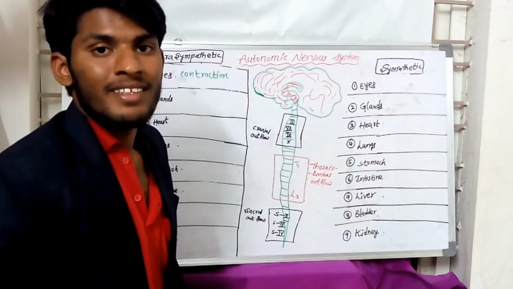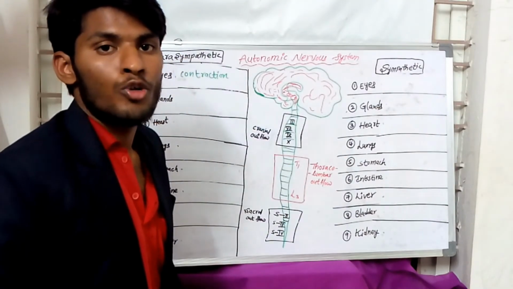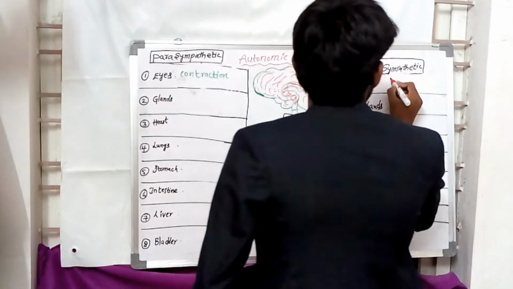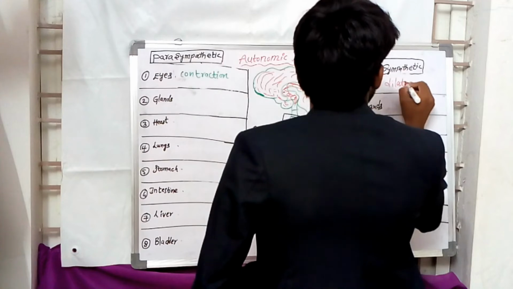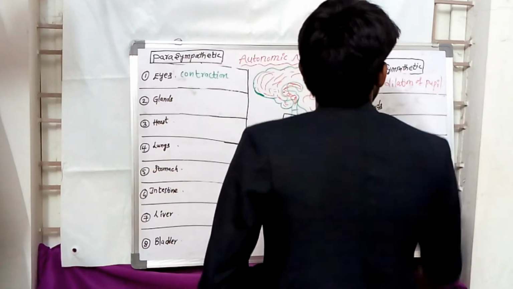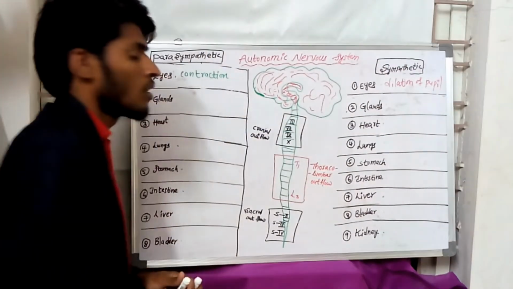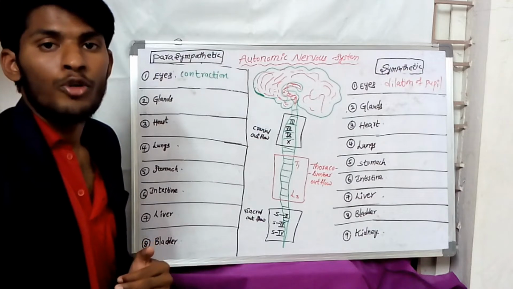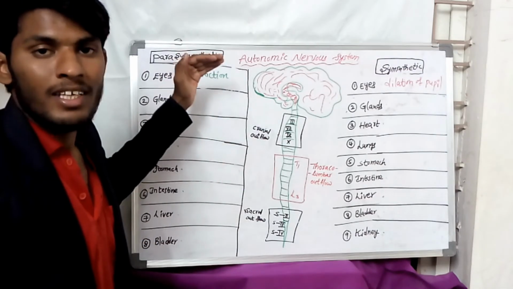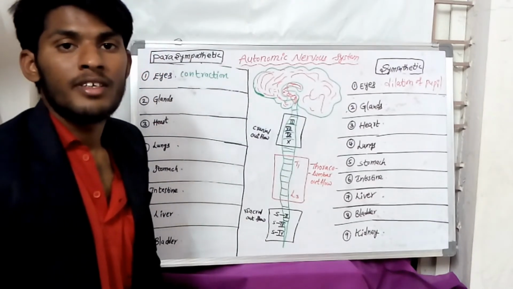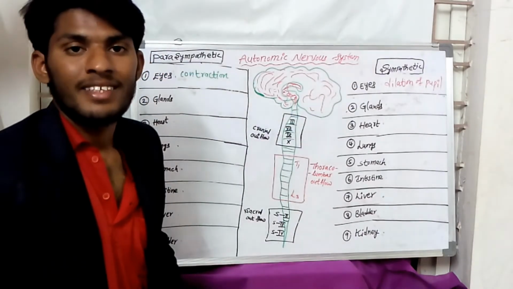But in the sympathetic nervous system, the ciliary muscles are going to be dilated and dilation of the pupils will be observed. Now in the case of glands, all the secretions are going to increase in the presence of the parasympathetic nervous system, and all the secretions are going to decrease by the sympathetic nervous system.